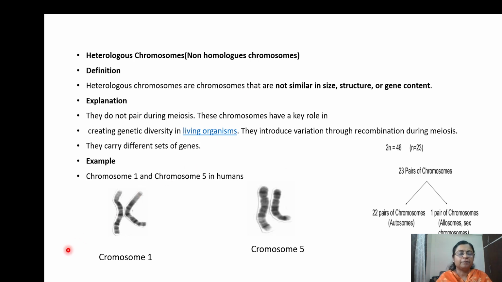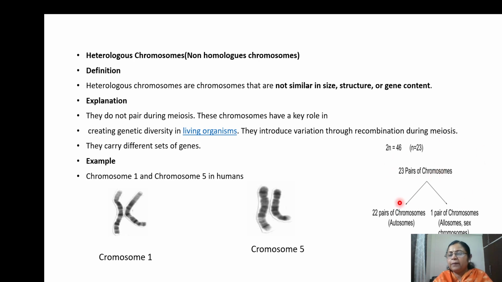Example given here. See, this image is chromosome number 1 and this is chromosome number 5. So they possess the heterologous chromosome. Both the chromosomes, sister chromatids, are not similar. So what happens here?